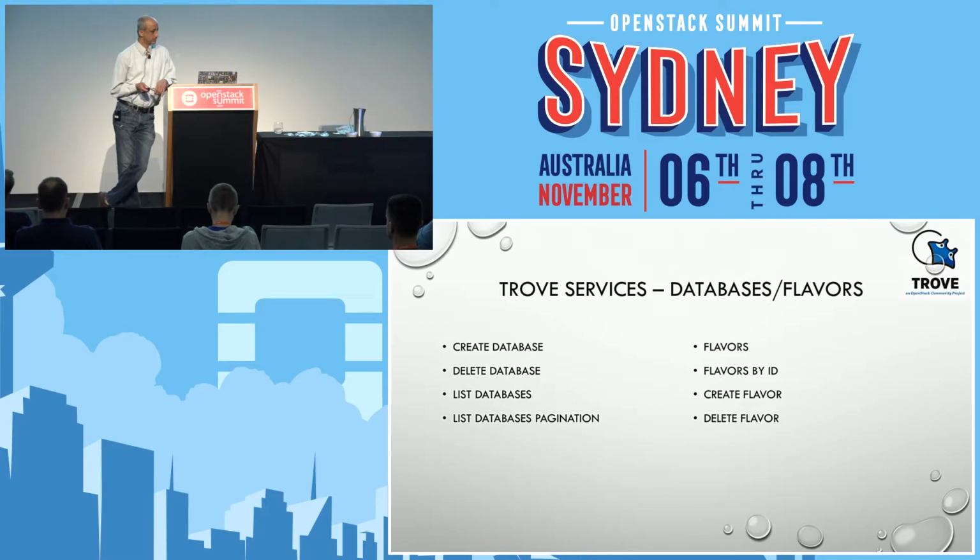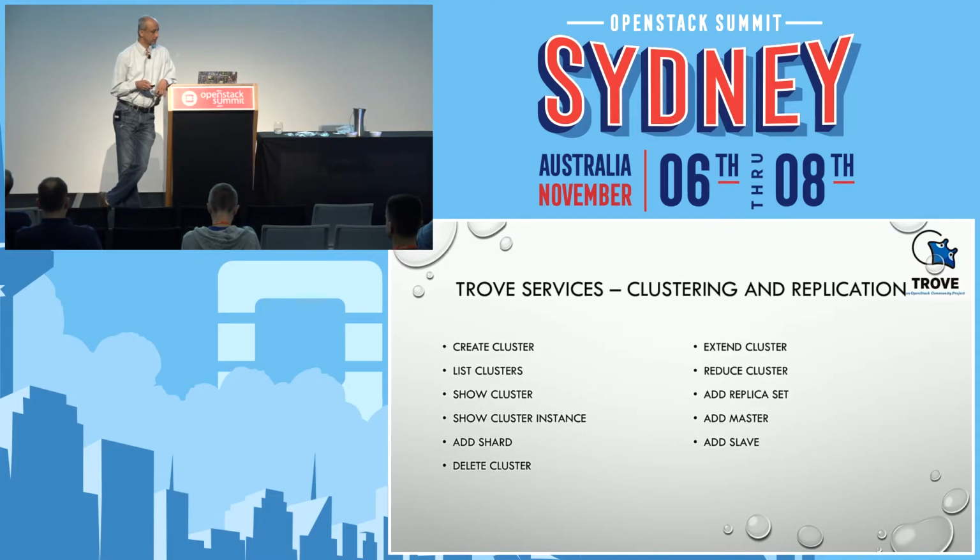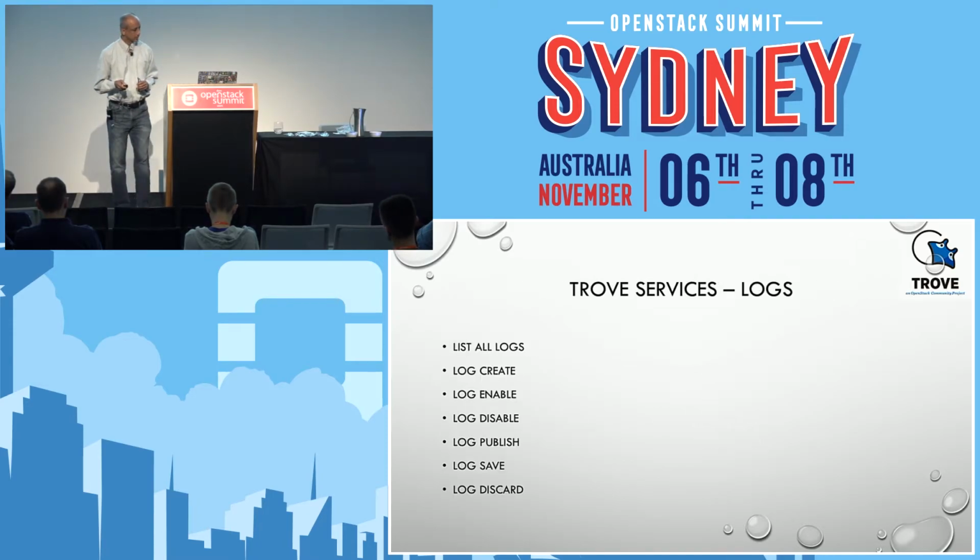So those are services related with database and flavors. Clustering and replication, again, as you'd expect, creating clusters, extending, adding and deleting nodes to the cluster, and so on. Log management as well, some level of log management.